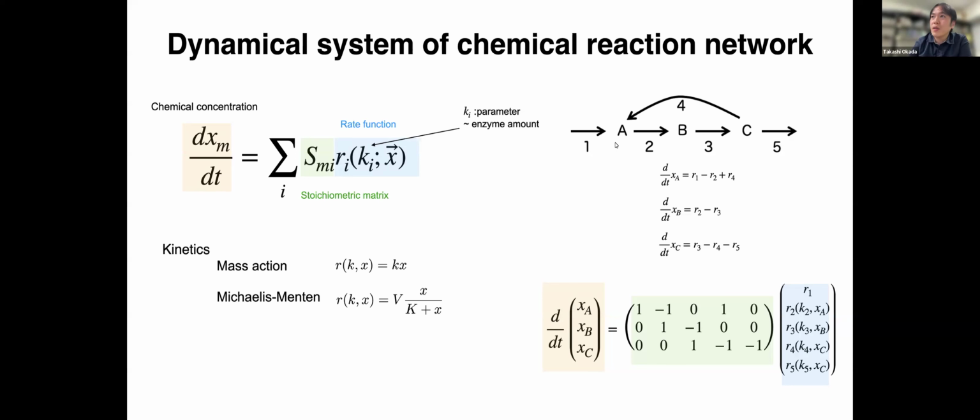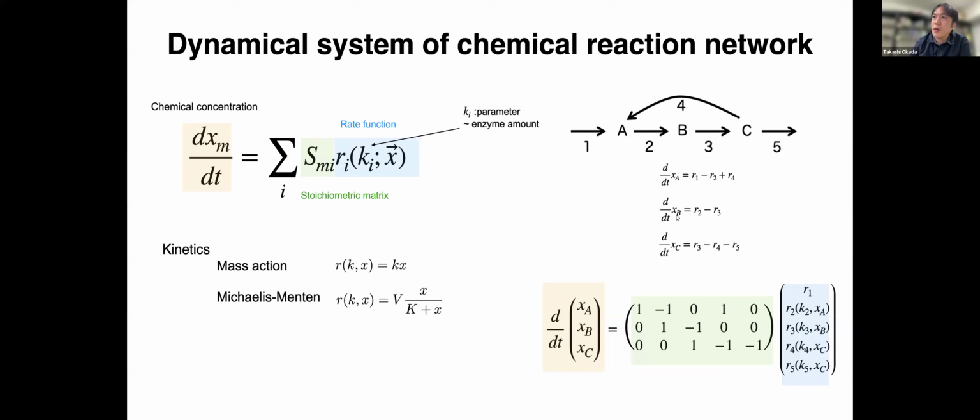For example, in the toy network on the right, there are 3 chemical species, A, B, C, and there are 5 reactions. The dynamics are described by these 3 equations.